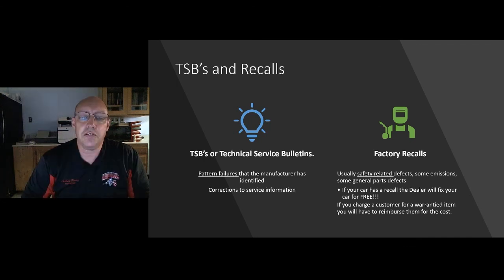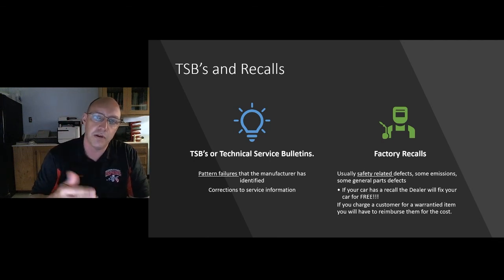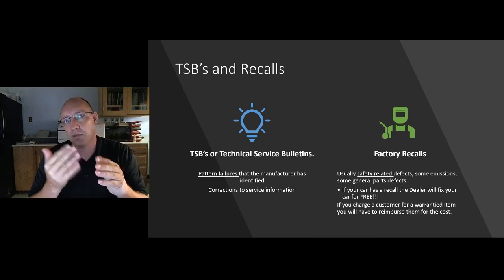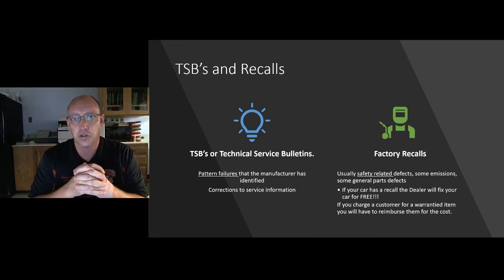All right. So TSBs or technical service bulletins are basically pattern failures. For example, General Motors knows that there is a wire that always gets broke because the customer's foot, or the owner of the vehicle's foot, always rubs across a certain kick panel, and the movement of that kick panel turns the wiring harness in a way that it rubs the wiring harness raw and shorts out a wire or open circuits a wire.